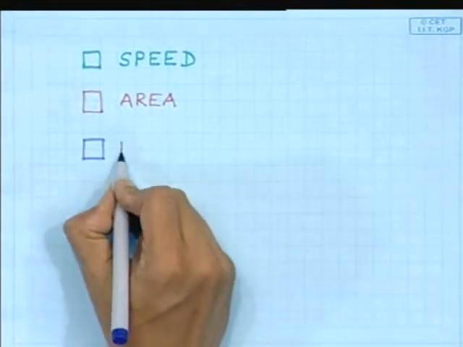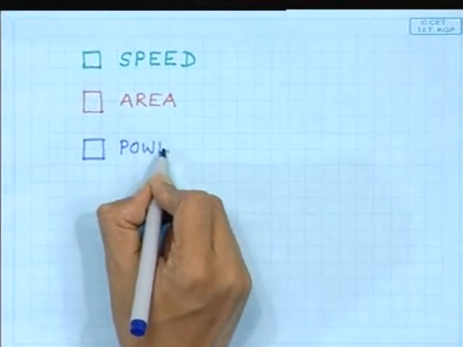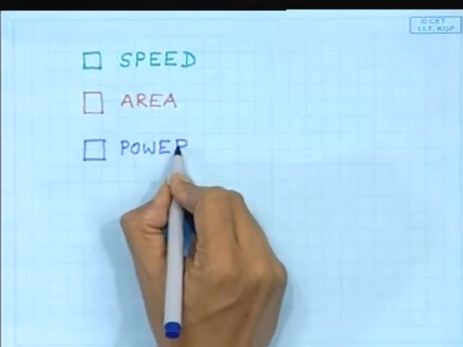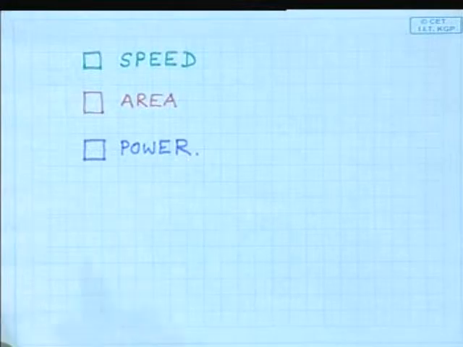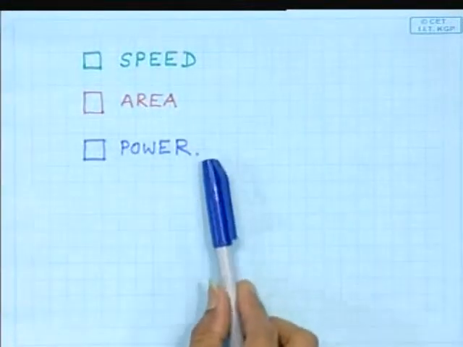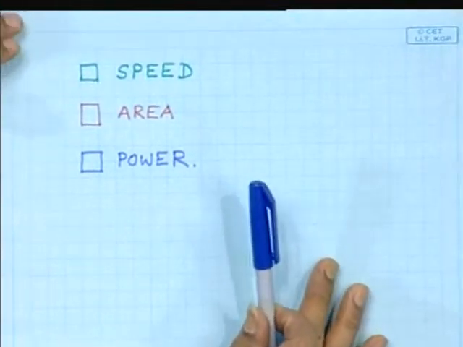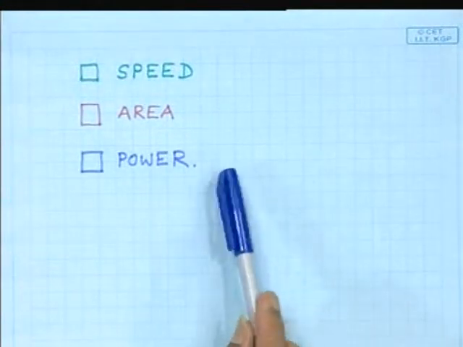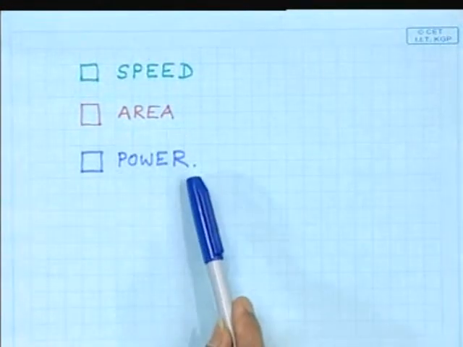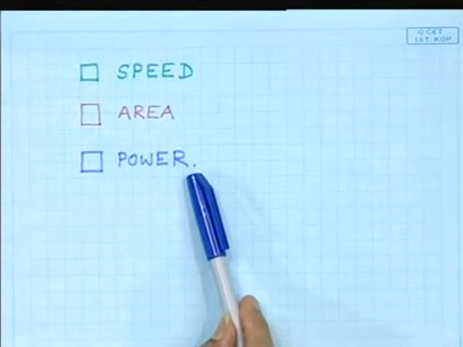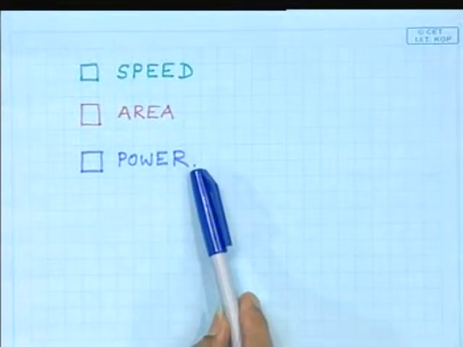And the third one, which has attained enormous impact nowadays, is power. Particularly with all these portable devices, people don't want to change or charge the battery very often. So if you can design a circuit that consumes lower power, that is another issue nowadays.